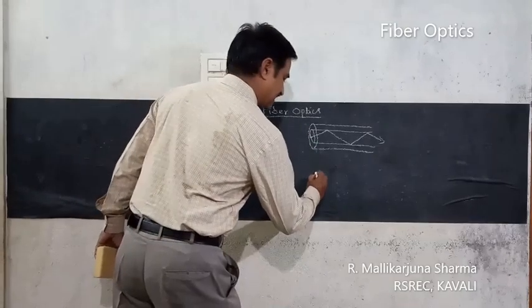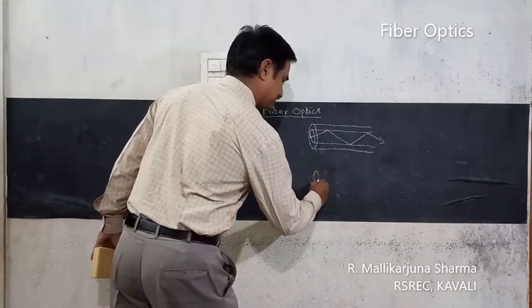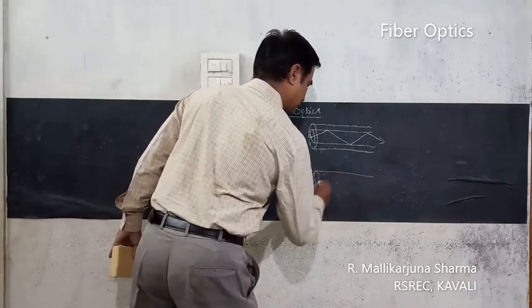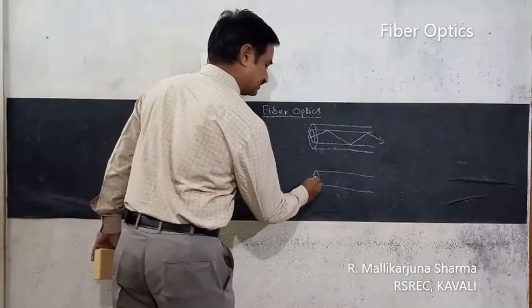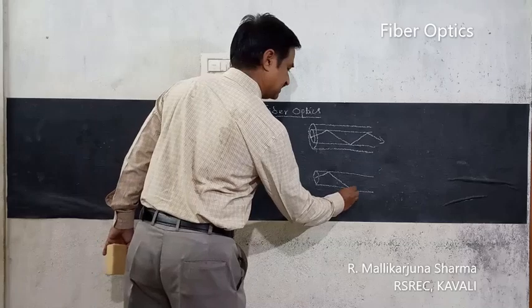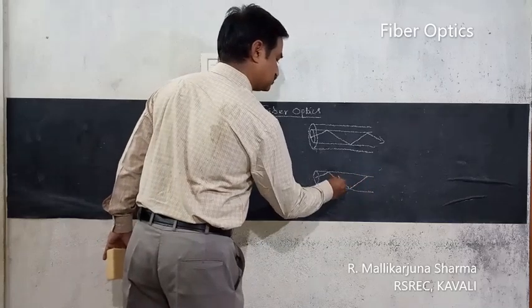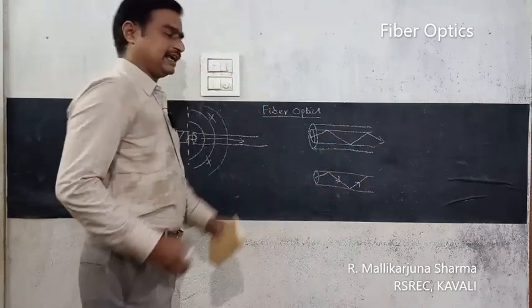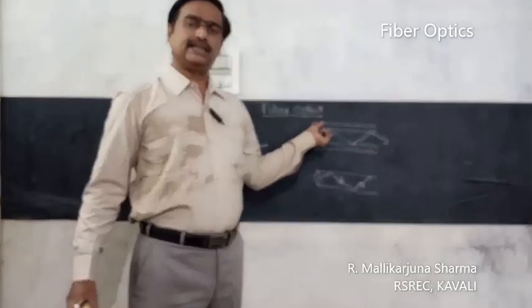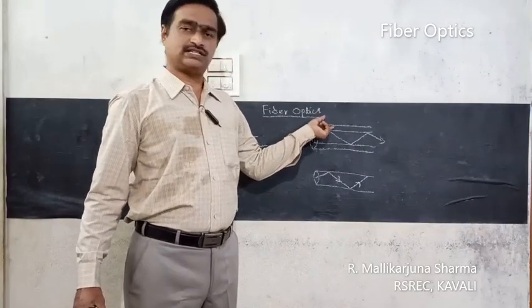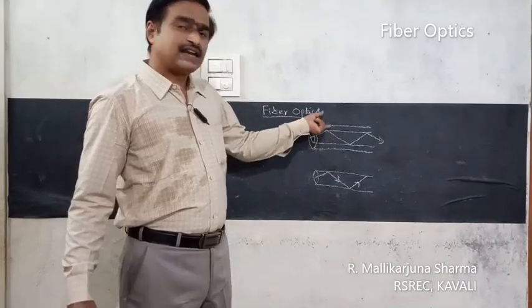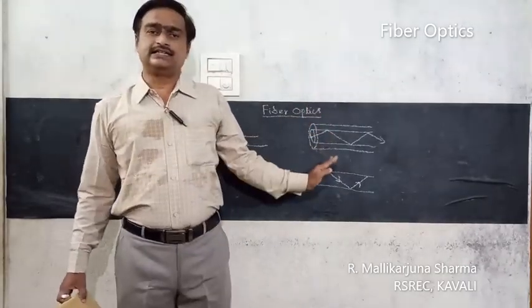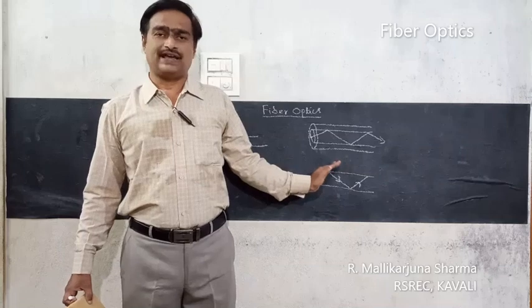Instead, if we take a solid cylindrical structure and propagate the light, then what is the difference between these two? At each reflection, here it is hitting a hard surface. At each reflection, here it is hitting a soft surface. When compared to this, this case gives less loss of energy.